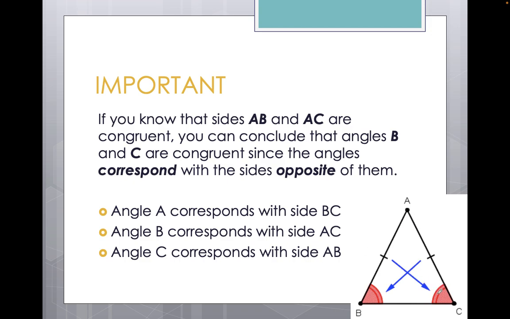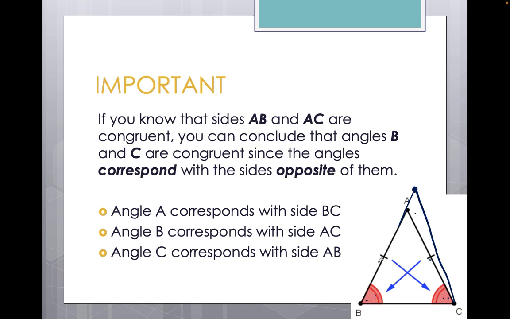The bigger angle C gets, the longer side AB has to be, because if this angle opens wider, then point A has to be up higher, making that side AB longer. So angle A corresponds with side BC, that top angle. Angle B corresponds with this side over here, AC, and finally angle C corresponds with AB.